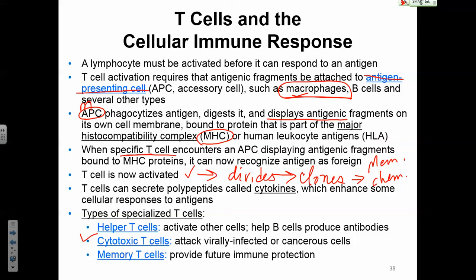But others start releasing the cytokines because of, this is really going to blow your mind, the absence of MHCs. A cancer cell loses some of its MHCs. A viral infected cell loses some of its MHCs.